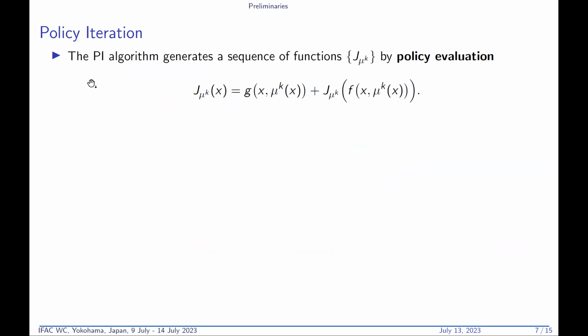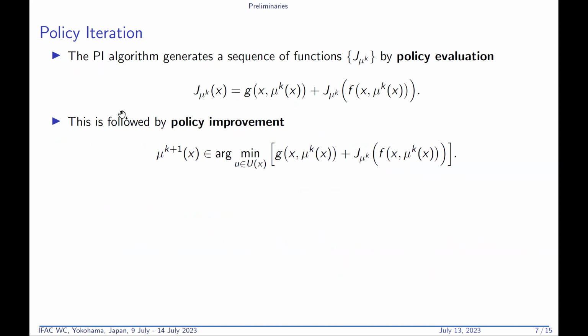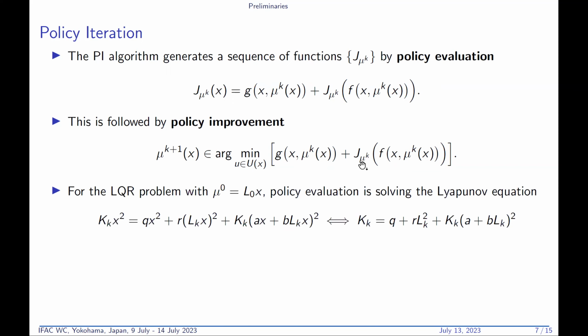Another method for solving the problem is policy iteration. It generates a sequence of cost functions by performing policy evaluation, that is, solving the cost function for the given policy. And then this is followed by the policy improvement step, whereby we compute an improved policy where J mu k, the cost function of the current policy, acts as an estimate of J star.